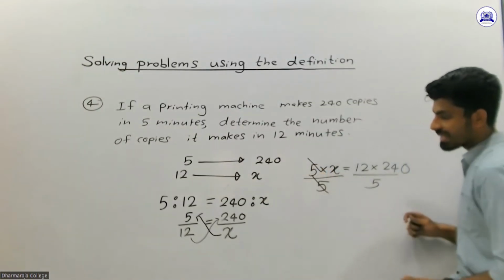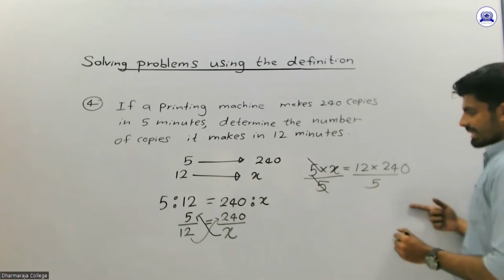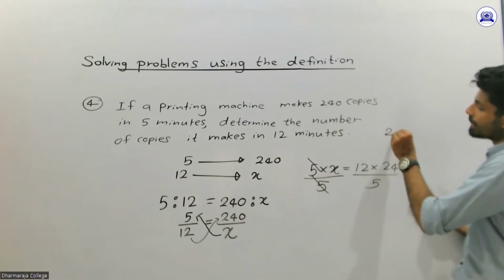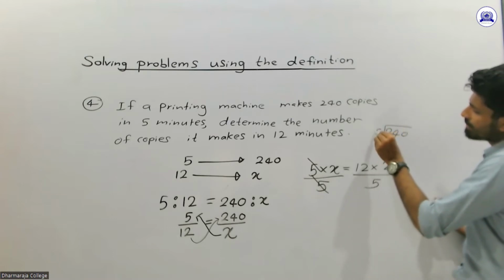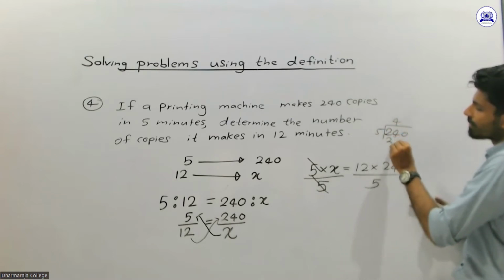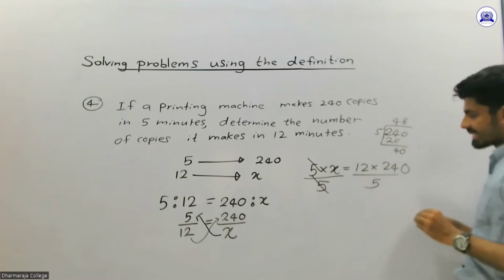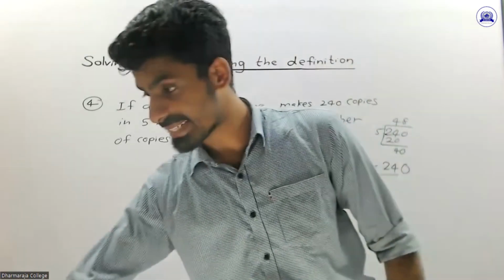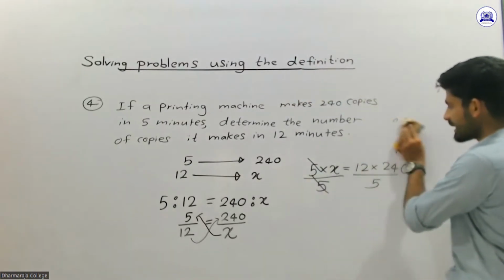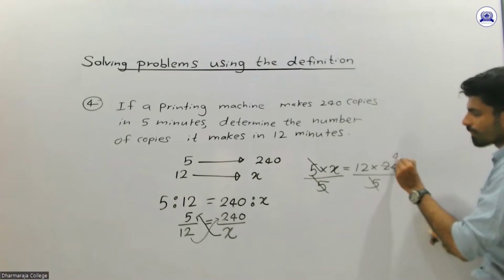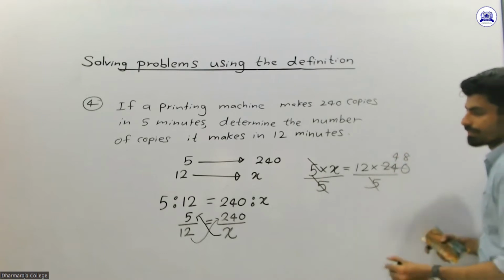5 to 5 will be cancelled out. Then 240 you can divide by 5. 240 divided by 5 is 48. Or you can simply cancel that out.